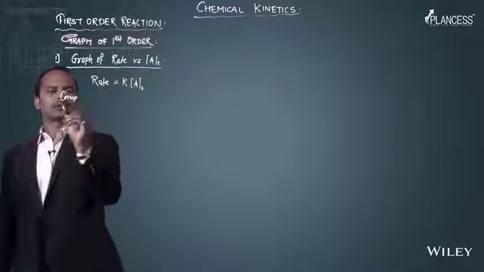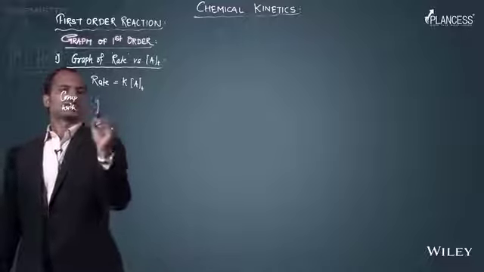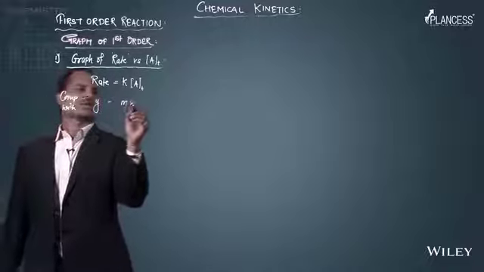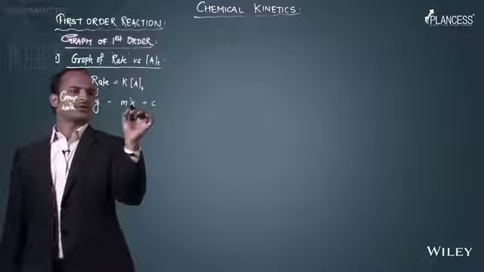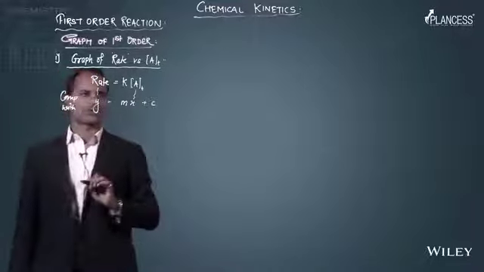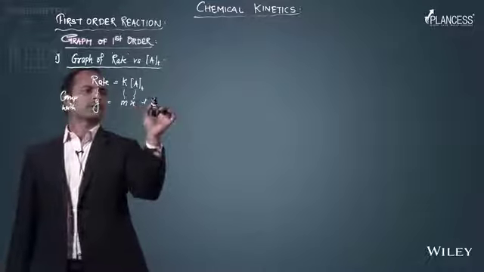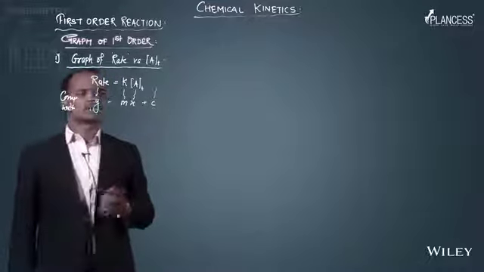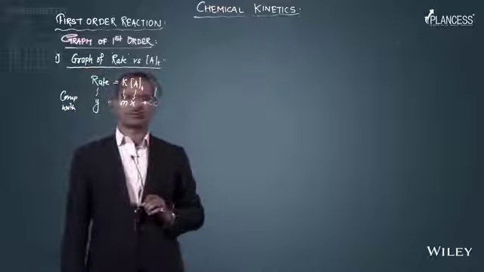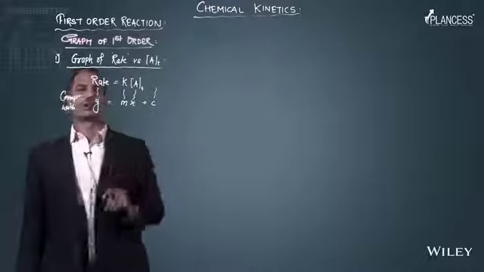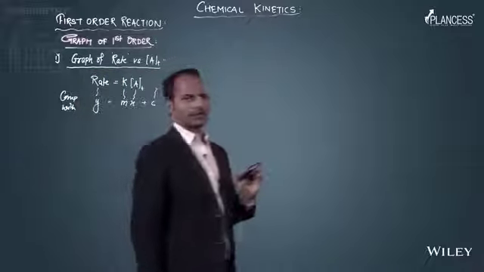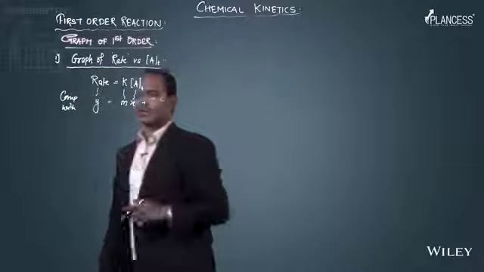Comparing with y is equal to mx plus c, on the y-axis we have rate, on the x-axis we have concentration of reactant, k is going to be the slope, and c is going to be 0. C is 0, that is the y-intercept is 0, which means the line is passing through the origin. Slope is positive, it means from down to top, and slope is k here.